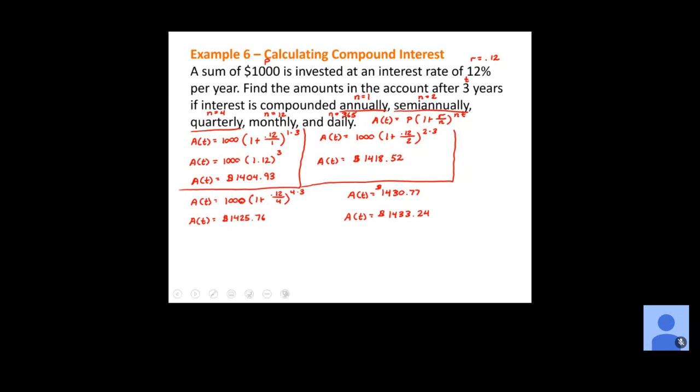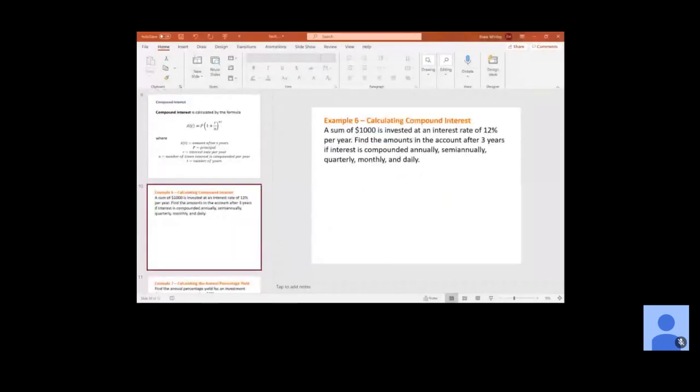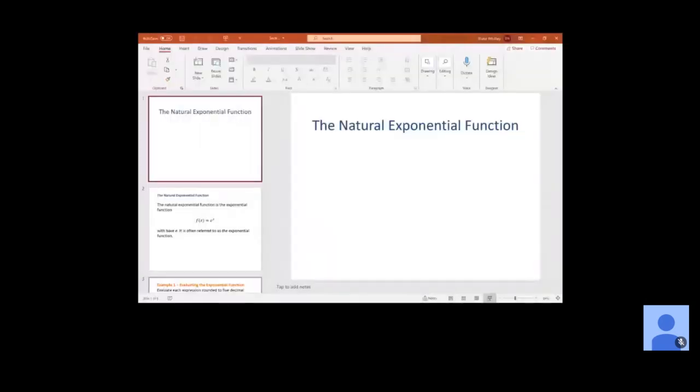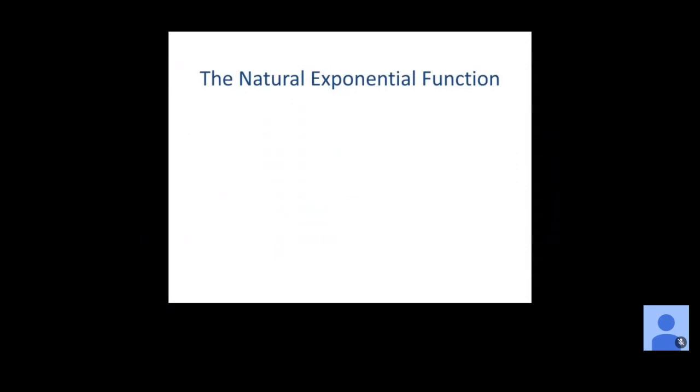All right. Let's look at 4.2 then. 4.2, the natural exponential function. In the first section, we just looked at exponential functions in general with many different bases.